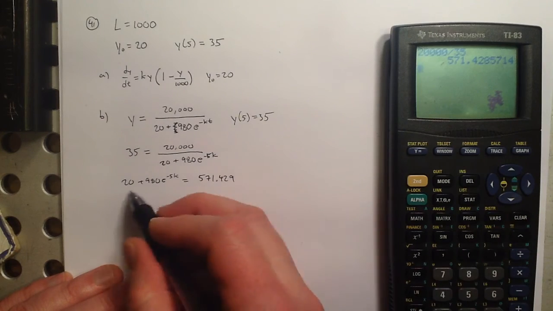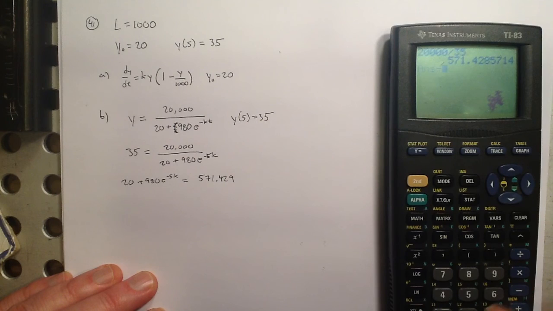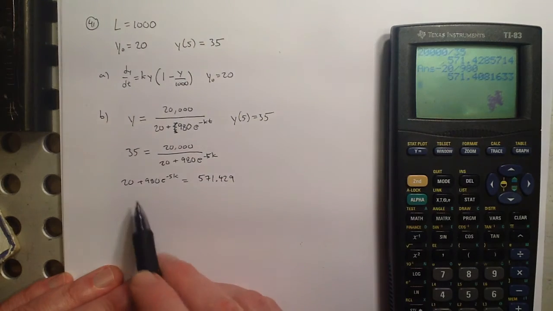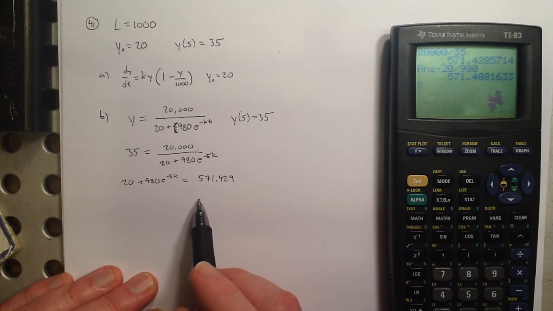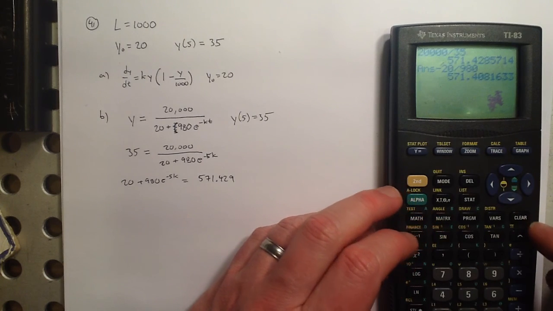I subtract 20 and divide by 980. So subtract 20, divide by 980. That gives me what? That's an awfully similar number, isn't it? So subtracting 20, oh, sorry. I see what I did there.